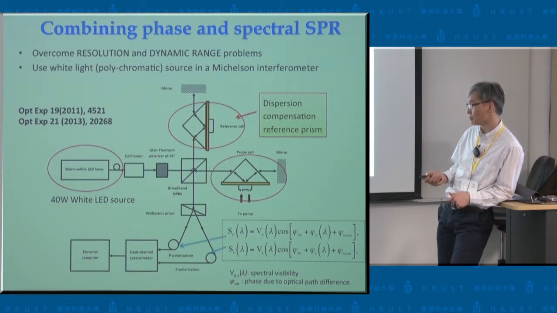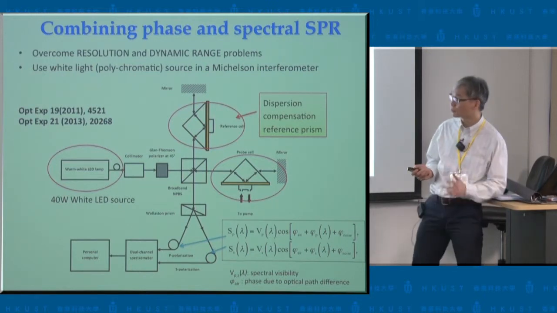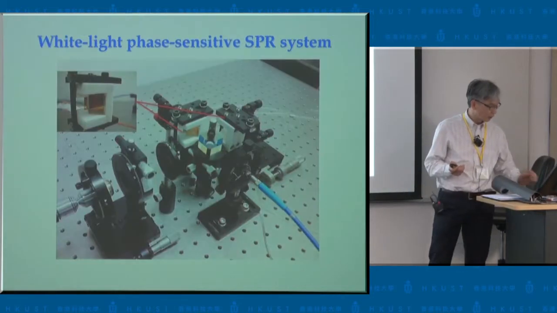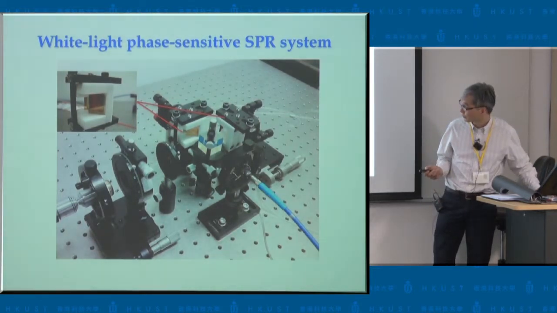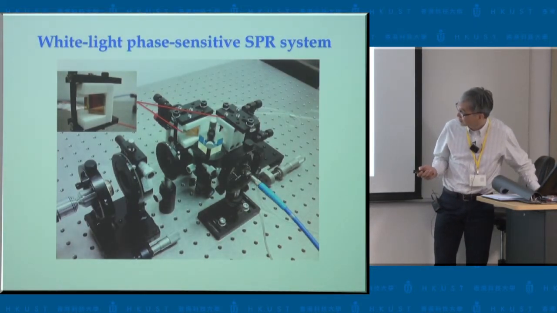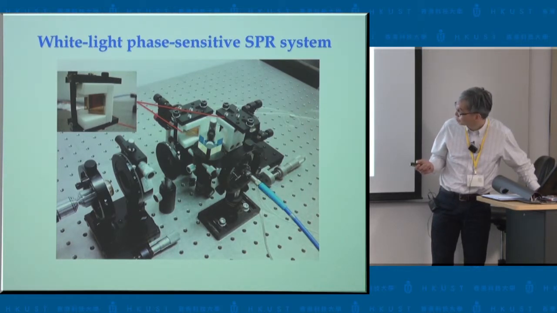And then we detect the S and P phase output, and then we can do the comparison. That's the actual setup. Light comes from the fiber, and then the two prisms, and one of them is holding the sample, and then the exit beam goes to a spectrometer.